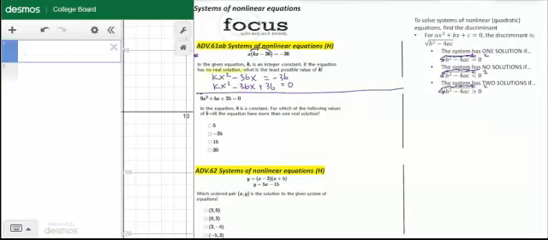It's telling you there's no real solution. No real solution means that the discriminant is going to be negative. So if we set up a negative discriminant here, b squared minus 4ac is less than 0. Here's our b value, negative 36 squared, minus 4 times our a value, which is our unknown k, and our c value is 36, and that whole thing is less than 0.